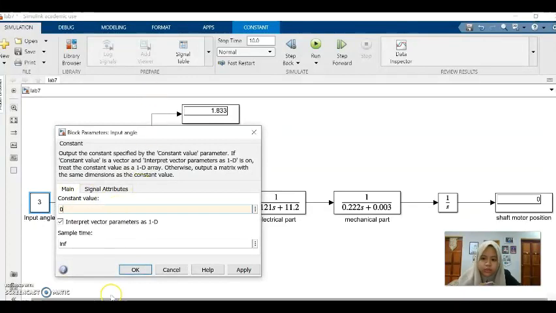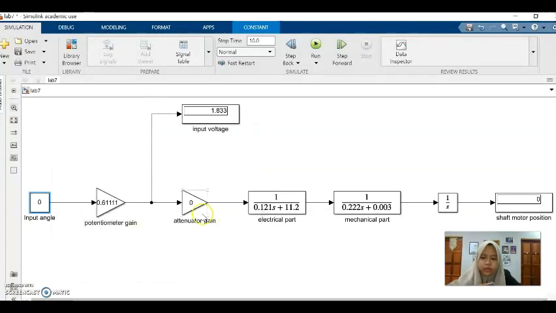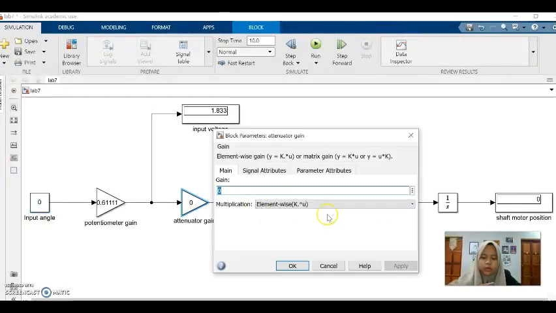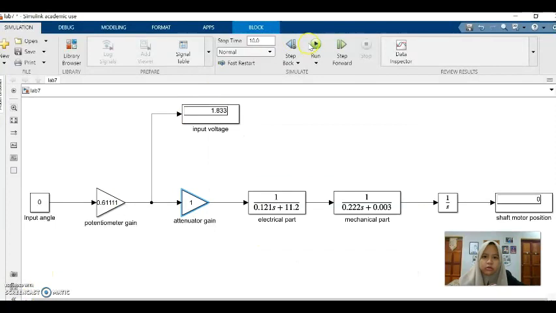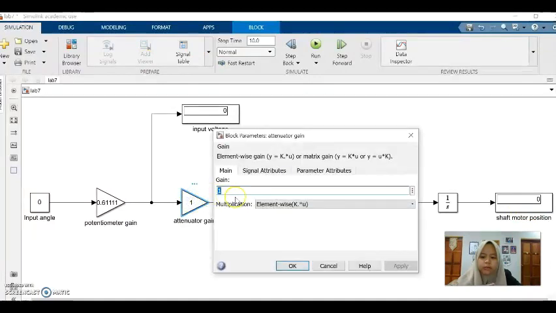So we input 0. Then the attenuator gain, we input from 0 until 10. So we start with 1. So we run. Then the input voltage and shaft motor position have the same value, which is 0. Then we increase it to 2.